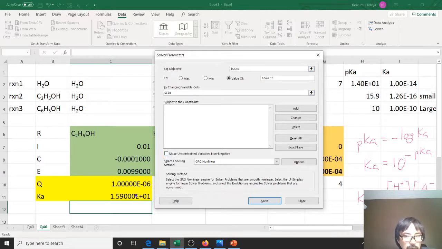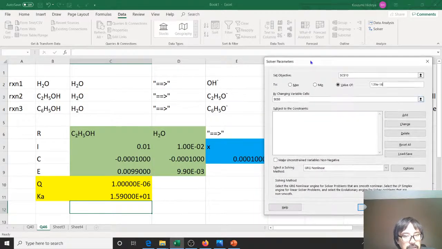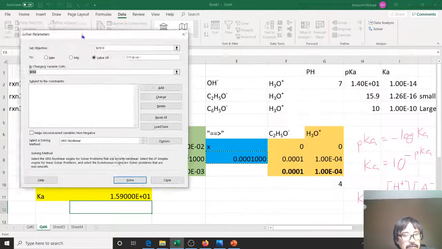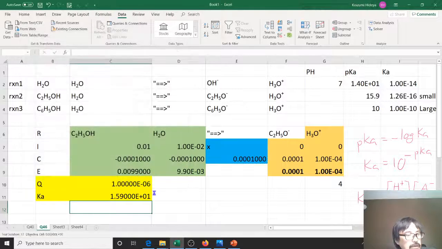I'm sorry, I don't know how I put 15.9, it's pK. It's supposed to be the Ka value, not pK. So 1.26 times 10 to the negative 16 goes in here by changing x.